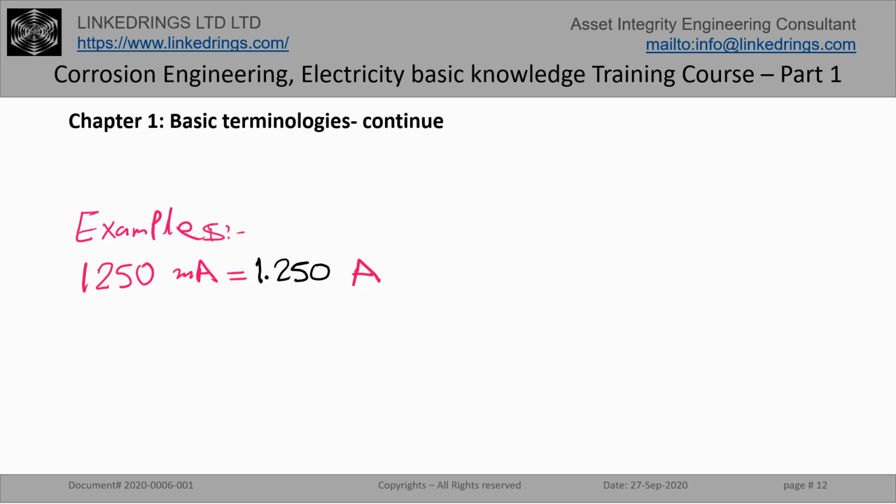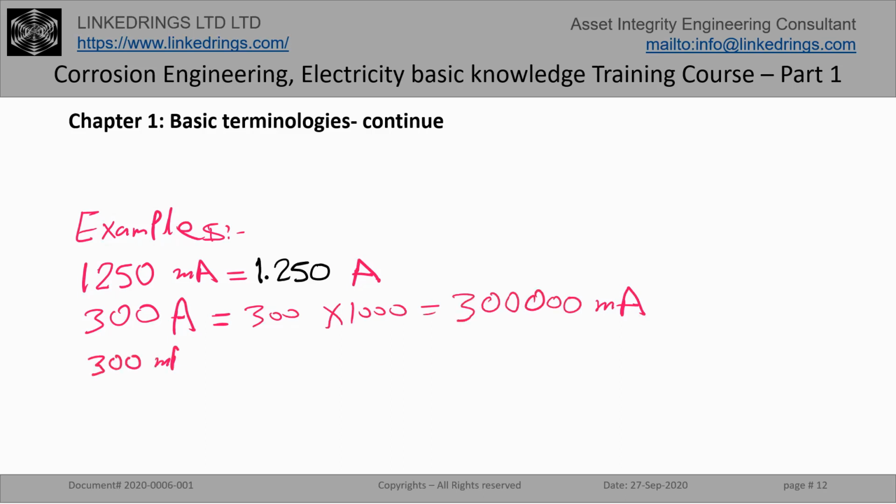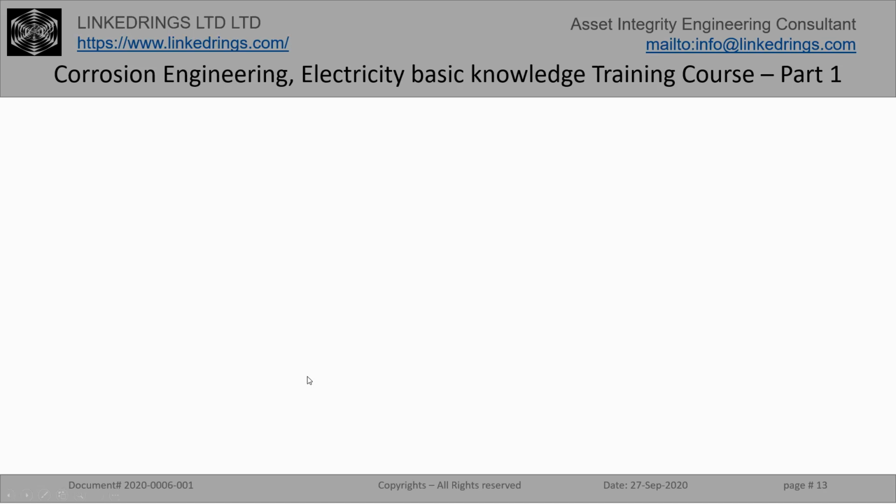We divide by 1000, so 1.250. 300 amps equals how many milliamps? So we times 1000, so 300,000. 300 milliamps equals how many microamps? Again, we multiply by 1000, so 300,000 microamps.